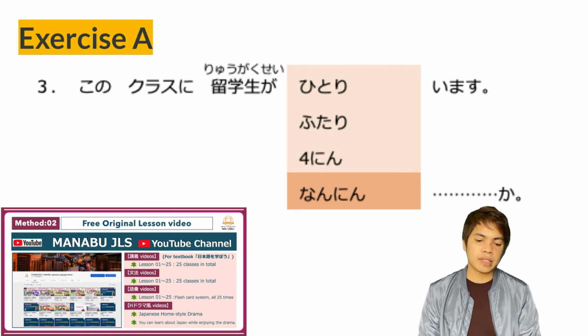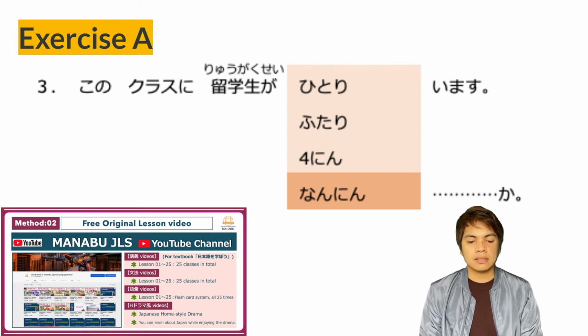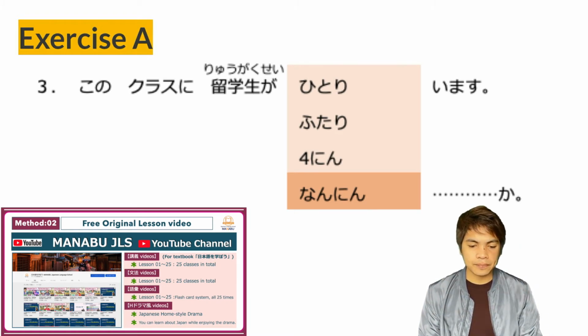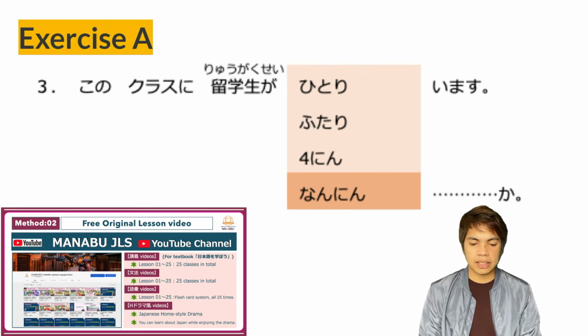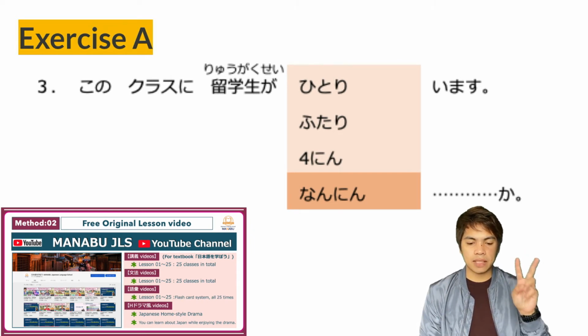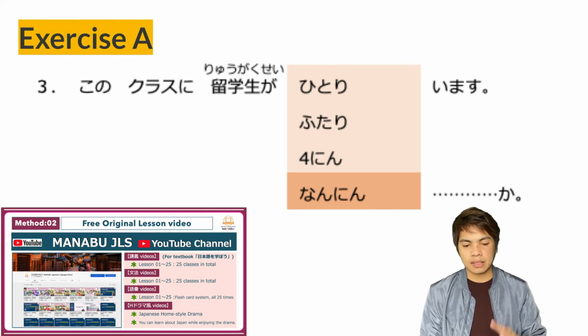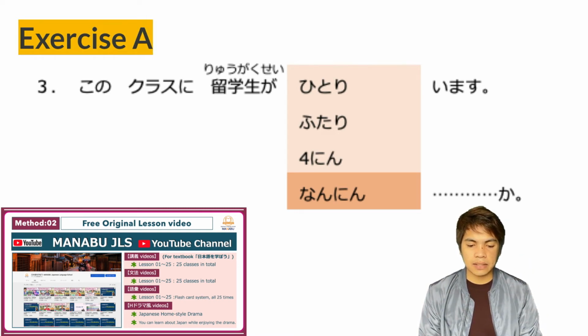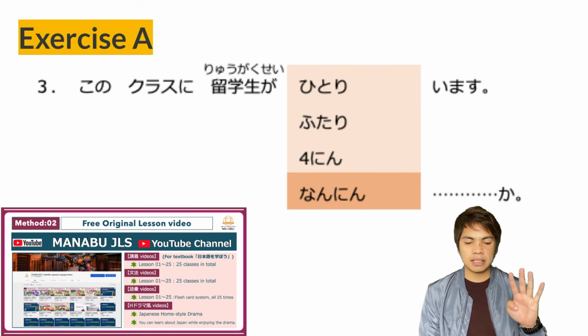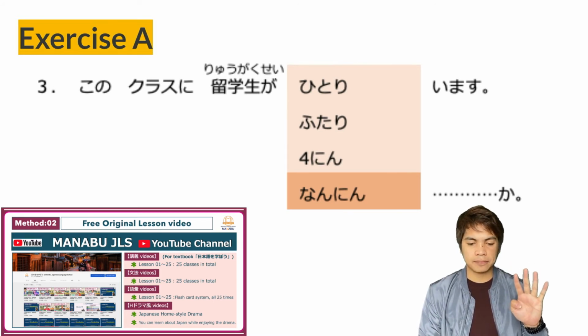The answers are kono kurasu ni ryuugakusei ga hitori imasu. Next, futari imasu, there are 2 foreign students. Next line, 4 nin imasu. Ryuugakusei means foreign student.